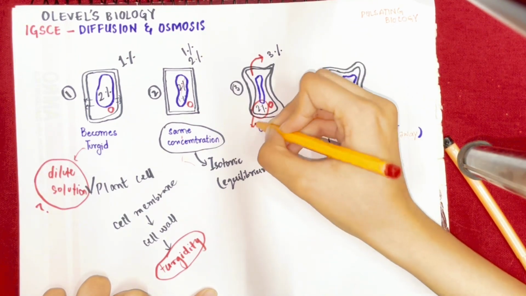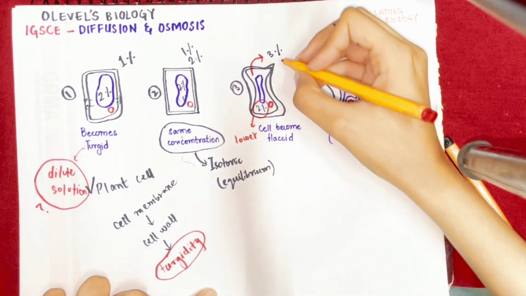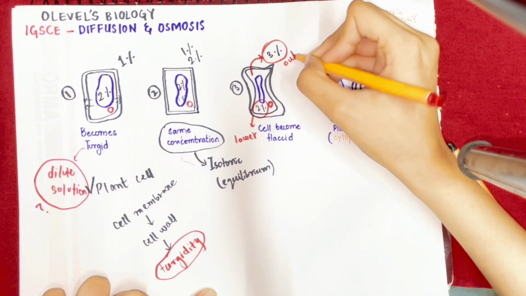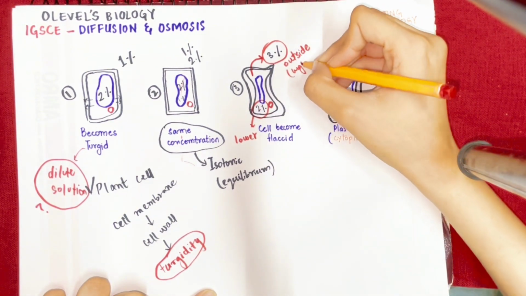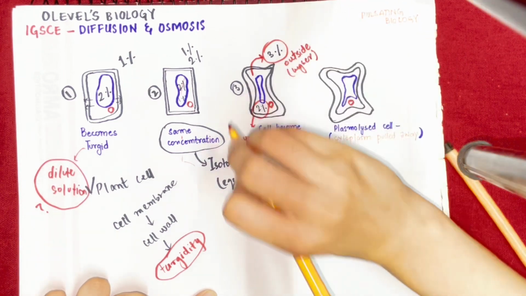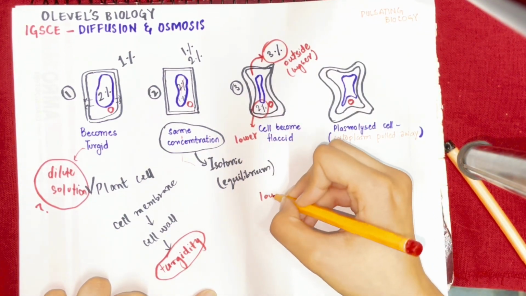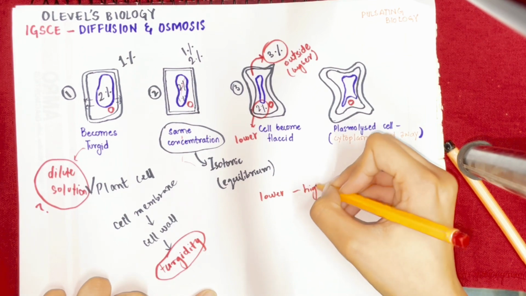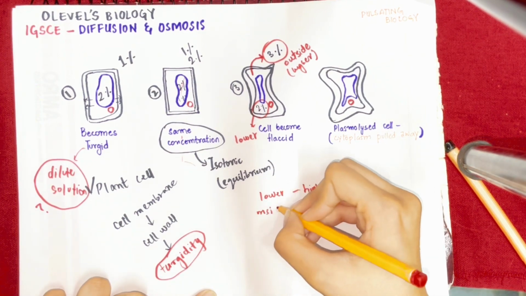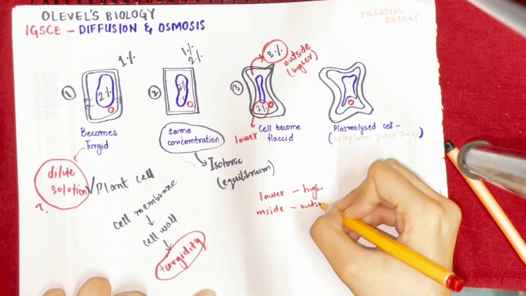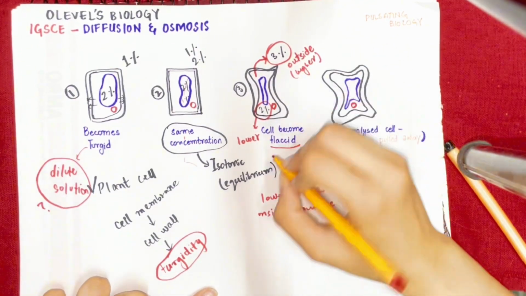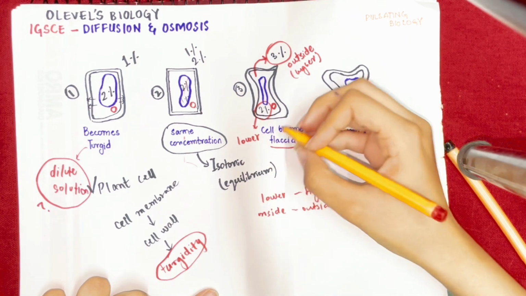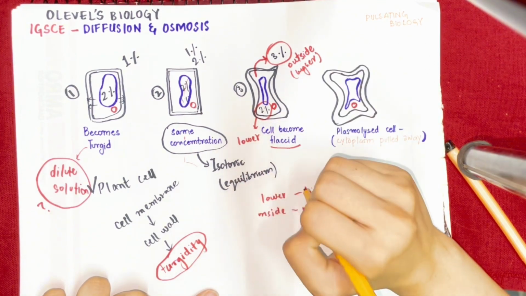A 2% solution means the concentration is lower inside the cell, whereas a 3% solution is a higher concentration outside the cell. So the water moves from the lower concentration to the higher concentration, that is, from inside the cell to outside the cell. Due to this, the cell becomes flaccid.